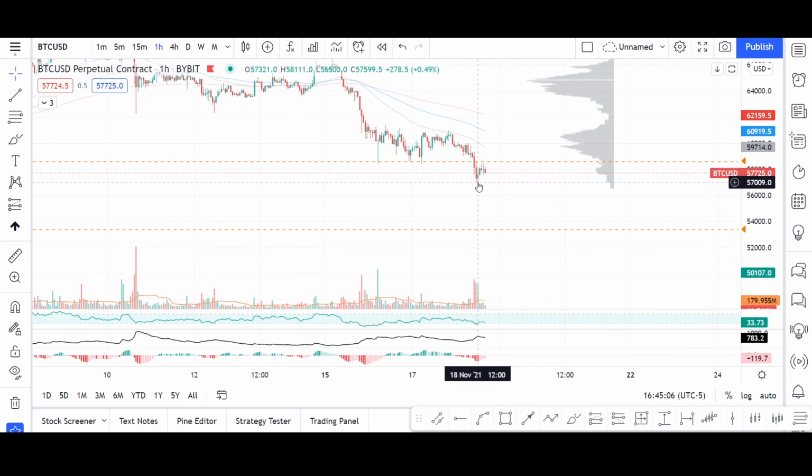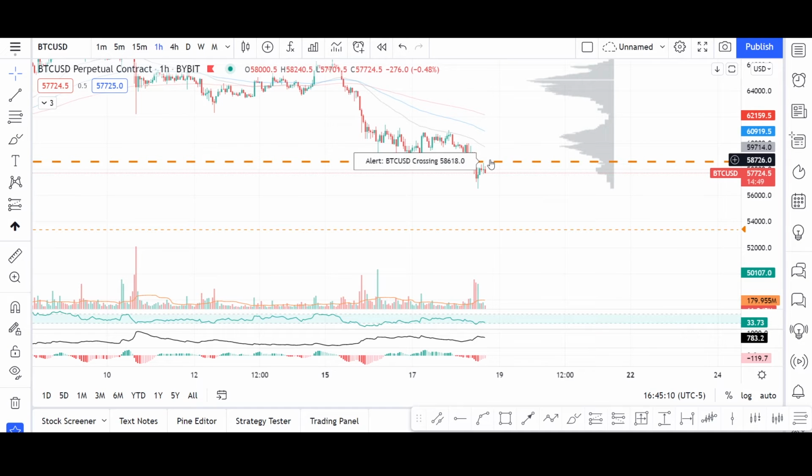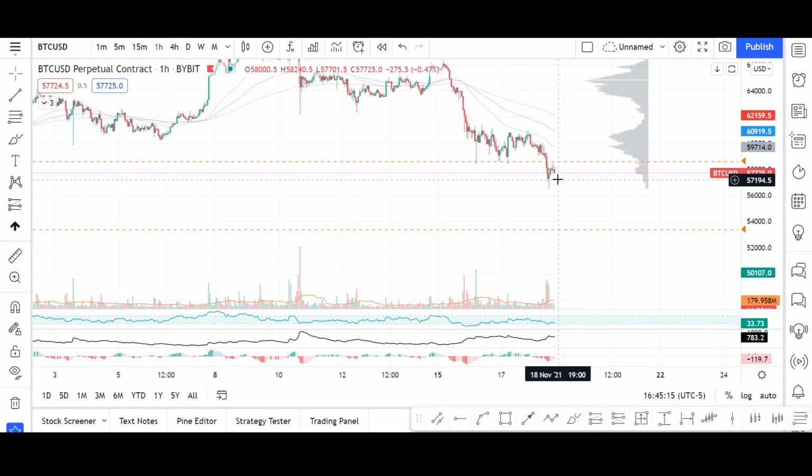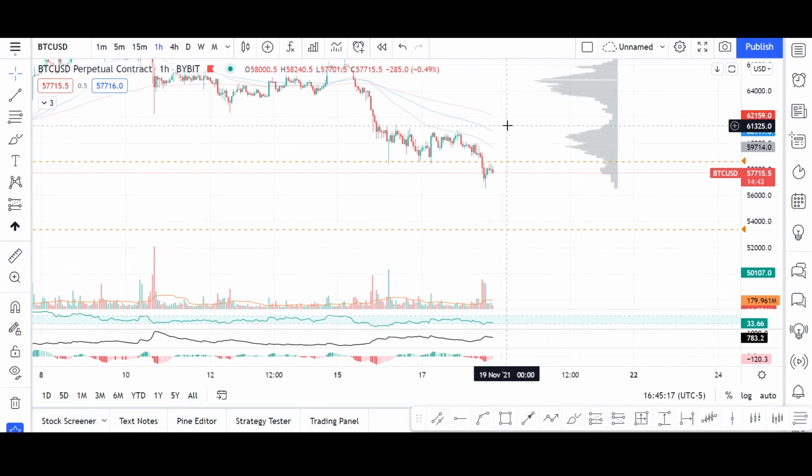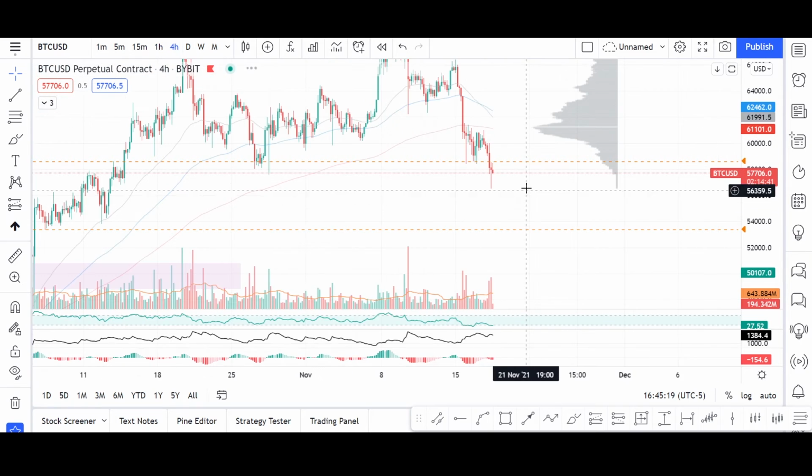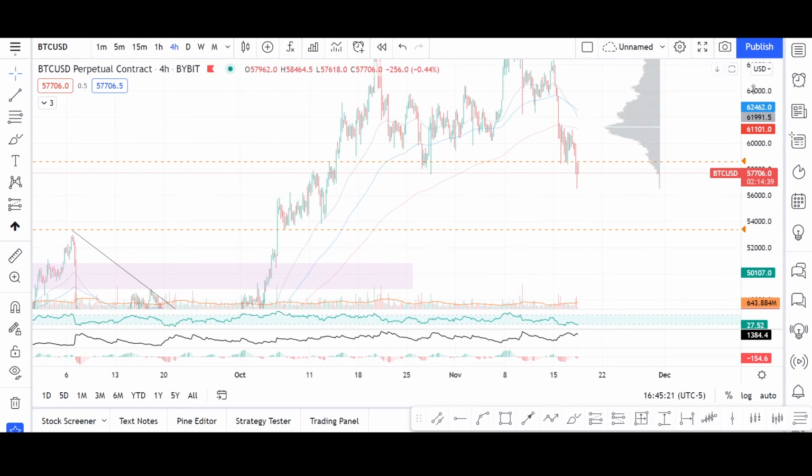So right after testing this 58.5k level from the downside, we may head back in a southern direction.